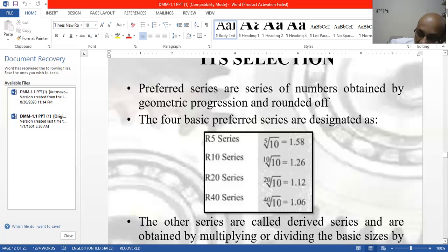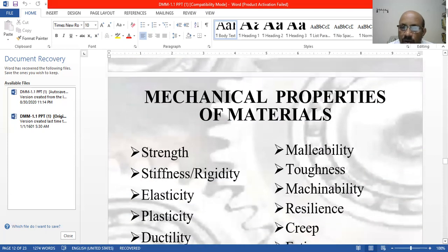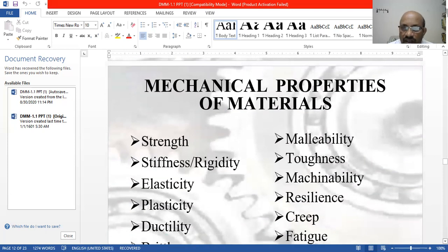So that is 0.02, 0.025, 0.030, 0.04, 0.05, 0.06, 0.08, and 0.10. So these are examples of preferred numbers. Now we will see the mechanical properties in design considerations.